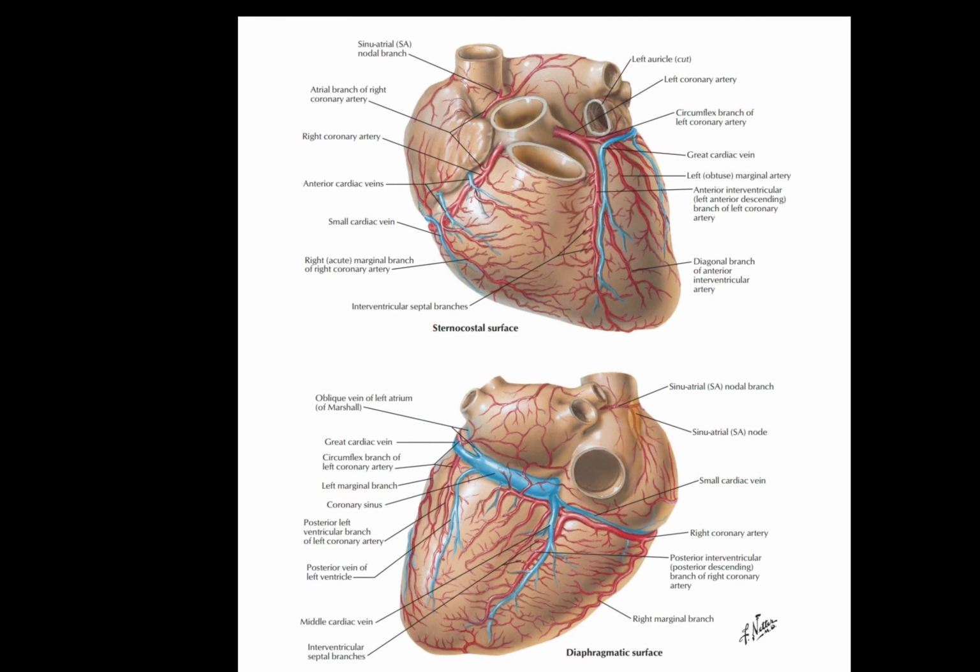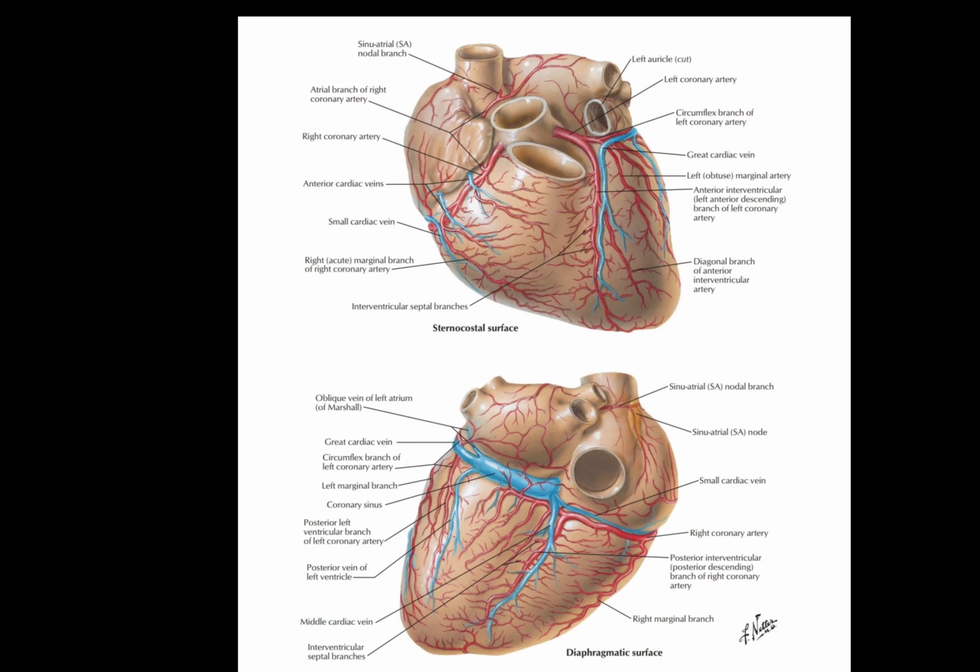In the anterior interventricular groove there is the great cardiac vein. In the posterior interventricular groove there is the middle cardiac vein, and in the groove between the right atrium and ventricle, the right atrioventricular groove, there is a small cardiac vein.